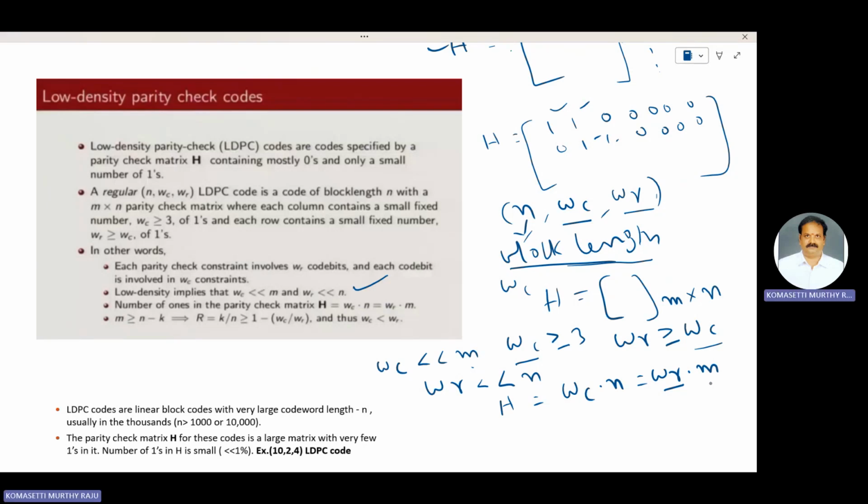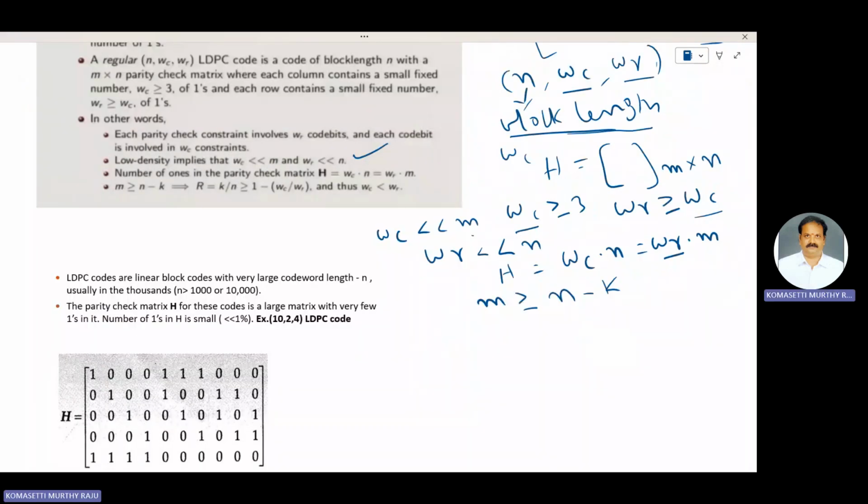Here M is greater than or equal to N minus K. The number of information bits K is equal to N minus M, called the number of message bits. LDPC is a linear block code, represented by (N, K). The code rate is R equal to K by N, which is greater than or equal to 1 minus WC by WR.